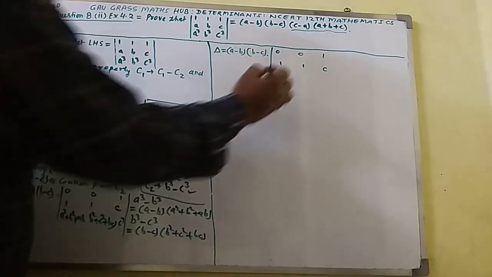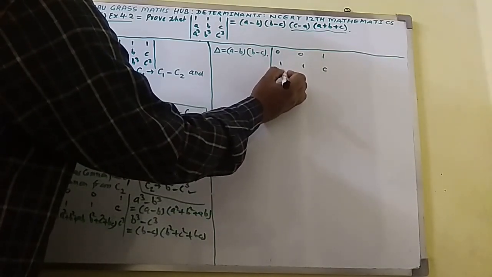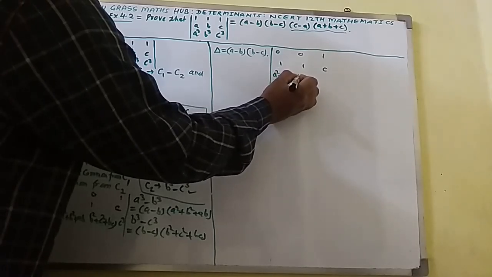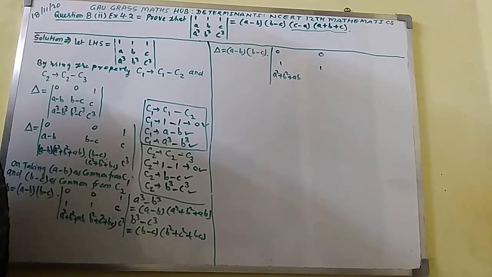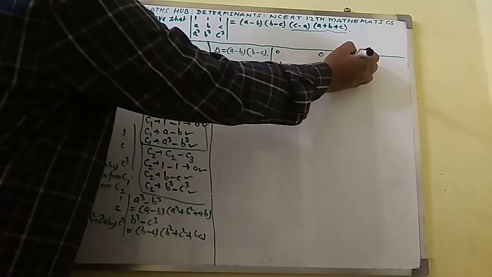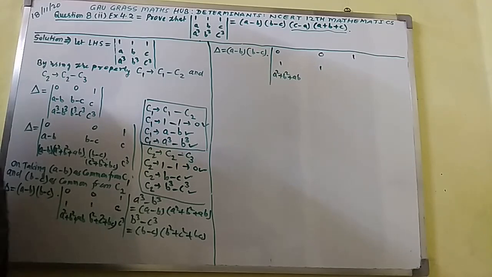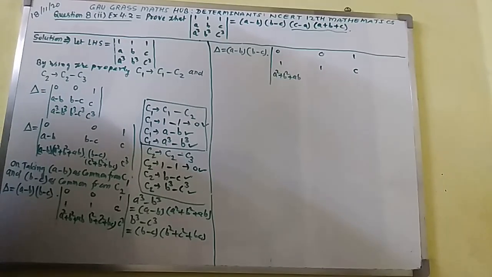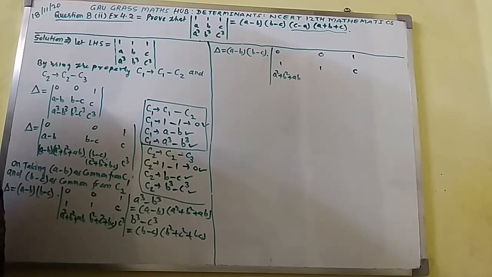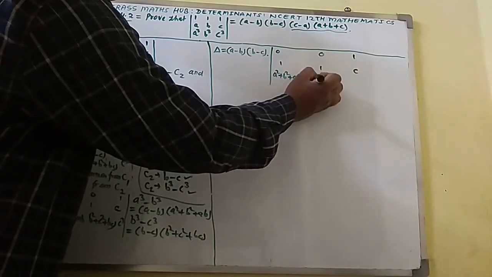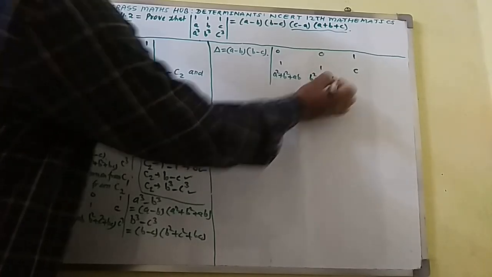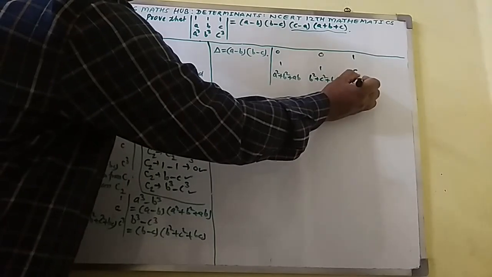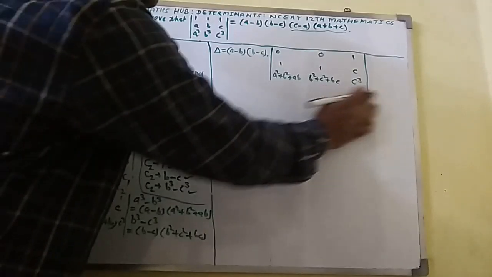The elements of third row I shall write: a squared plus b squared plus ab, b squared plus c squared plus bc, and here I shall write c cubed. This thing you have to write.